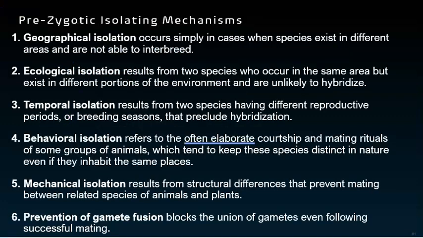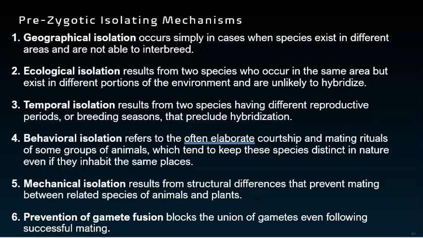So here are our prezygotic reproductive isolating mechanisms. This means we are isolating genes that will not be passed on through reproduction because of these different isolating factors. Our first one is geographical isolation. That occurs in cases when species exist in different areas, so they can't reach each other to breed. So they have been separated by geography.